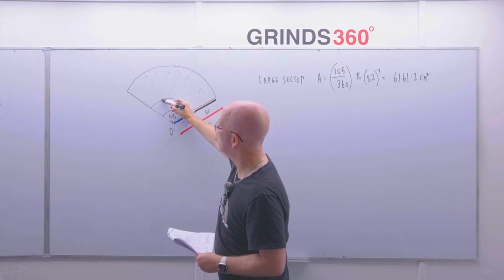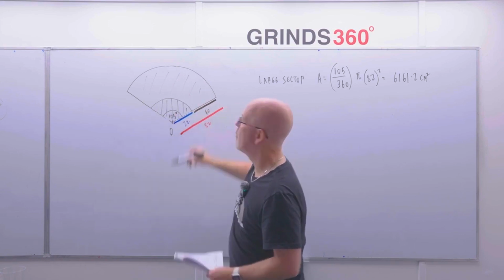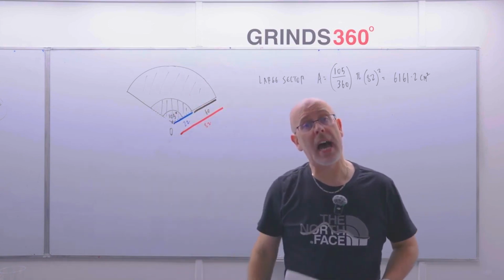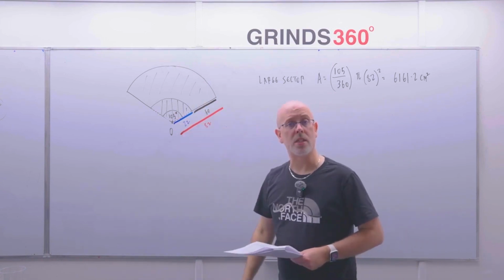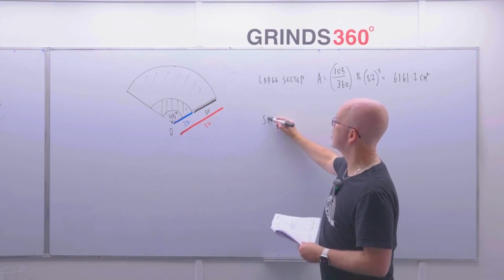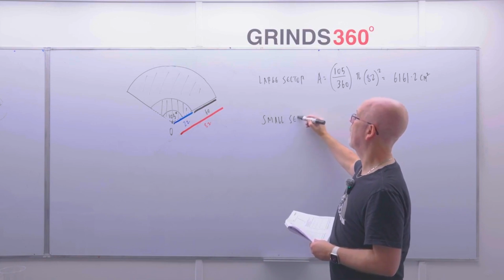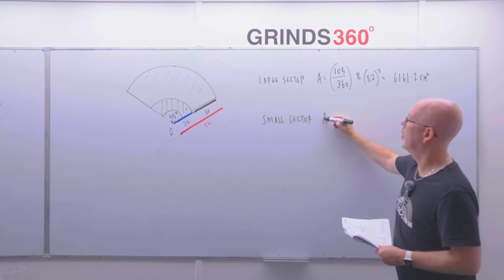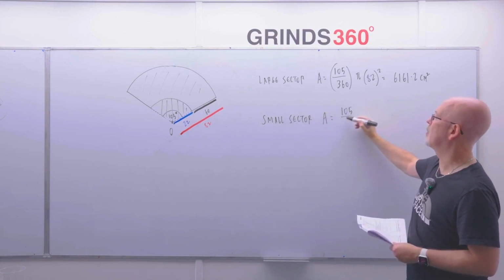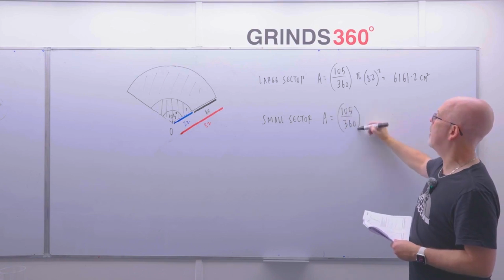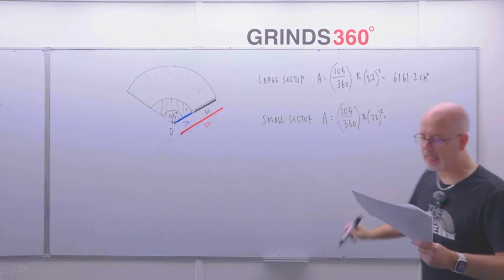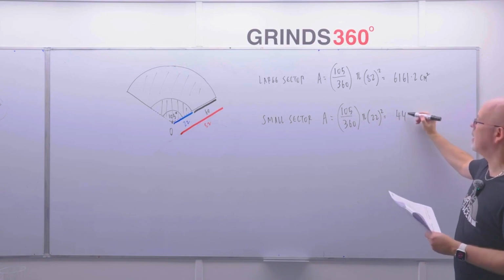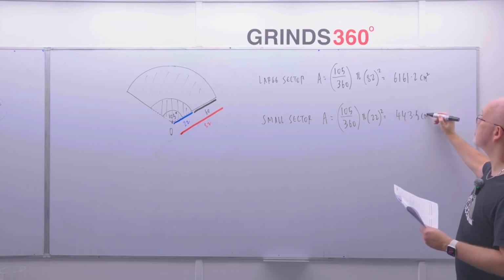Now, if I remove this bit from the whole sector, I've got the area I'm looking for. That bit is also a sector with the same angle at the center, just with a smaller radius, 22. So for the smaller sector, the area is going to be 105 over 360, times pi by 22 squared, smaller radius, and that one comes out at 443.5 centimeters squared.